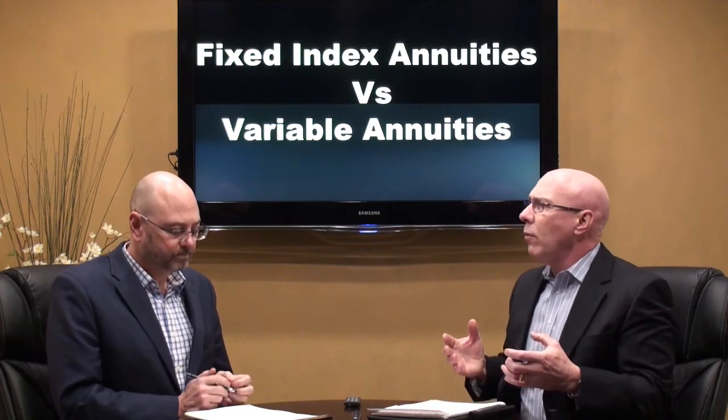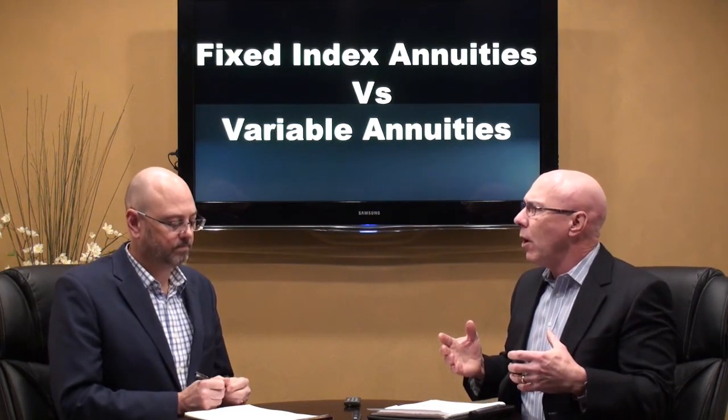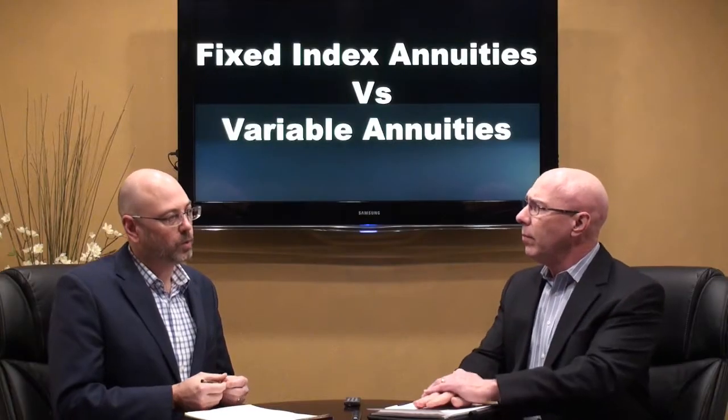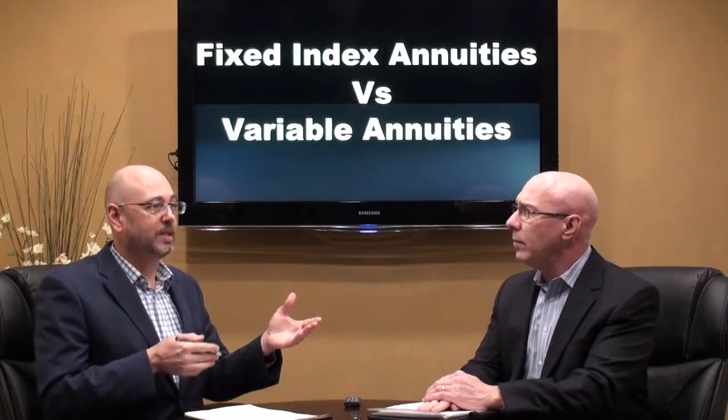Right, and this is where we begin to talk about some substantial differences between the fixed indexed annuity and the variable annuity. The big difference is the investment risk. Unfortunately, with the variable annuity, you're taking on the investment risk as the owner of the annuity, because you're going to have the ups and the downs of the actual market.